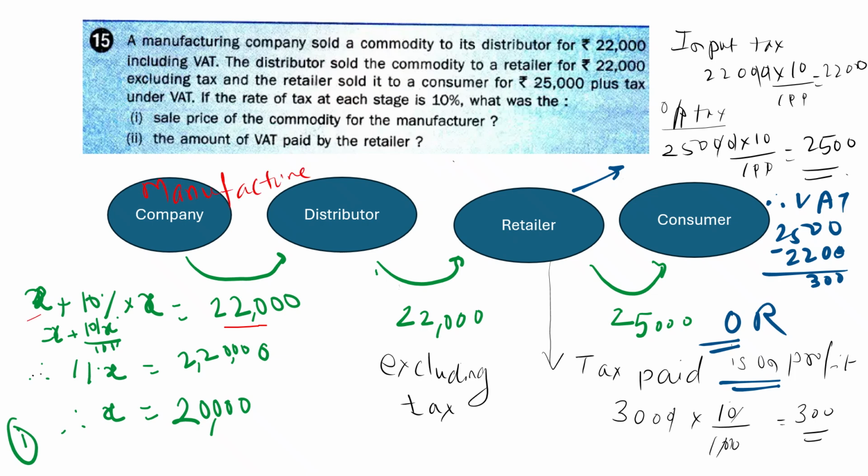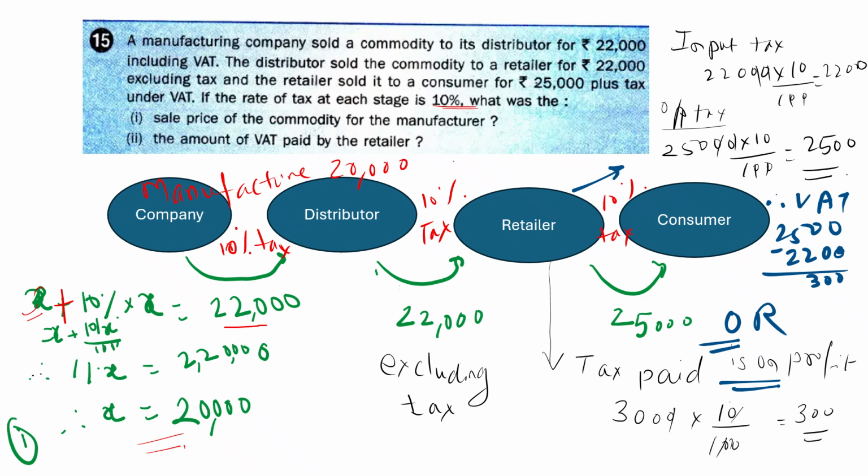Suppose it is the X amount, at every stage 10% tax is added. So X is the amount plus 10% tax I have to add, then it will give me 22,000. If I solve this, I get the first answer as 20,000. So the manufacturer company sells the product to the distributor at 20,000.